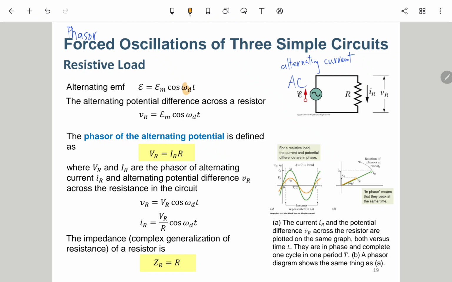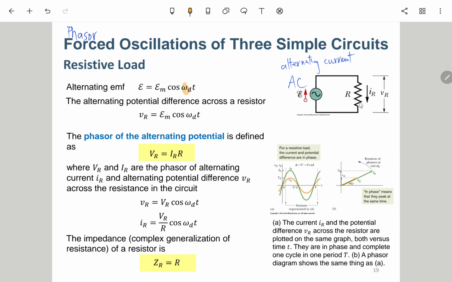It has no relationship with the oscillation frequency of the RLC circuit. It's just the frequency of the source. The natural frequency of the RLC circuit can be a different oscillation frequency.